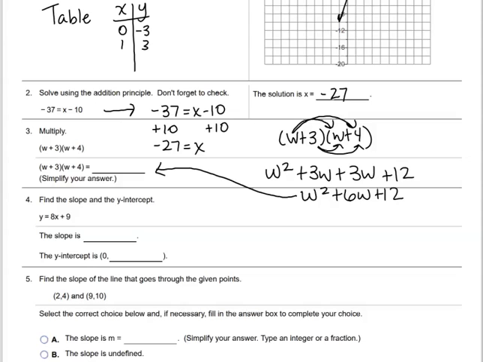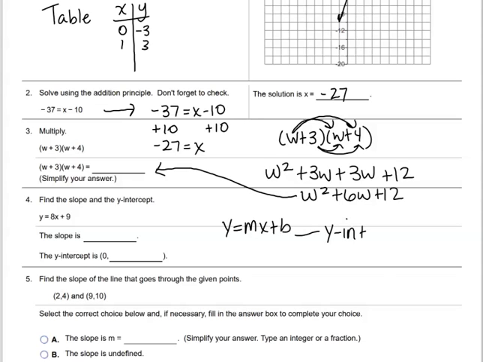If they use w, make sure you use w and you don't use x. That would be one of the number 1 mistakes people make right here, is make sure you use the letter that they are using. Find the slope and the y-intercept. y equals mx plus b is called the slope-intercept form, because you can easily pick out the slope and the y-intercept if it's in this form. b would be the y-intercept here.